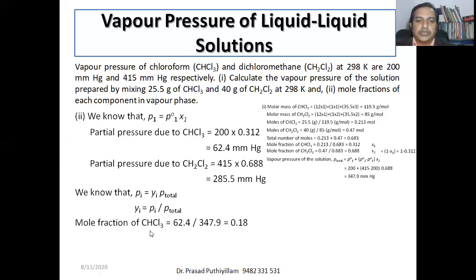The mole fraction of CHCl3 is 62.4 upon 347.9, which is 0.18, and the mole fraction of dichloromethane is 0.82. Like that we can calculate the mole fractions from partial pressures by using the final expressions that we took from Raoult's law as well as Dalton's law for liquid solutions.